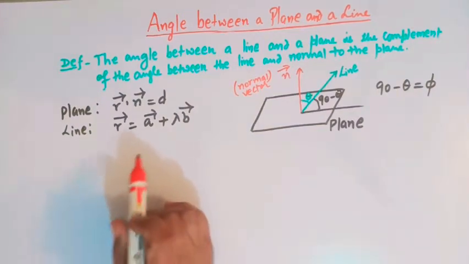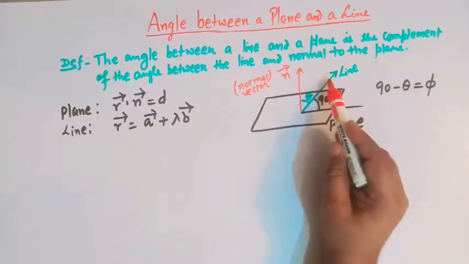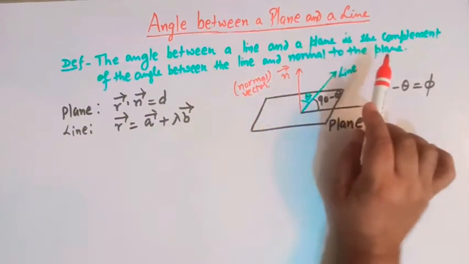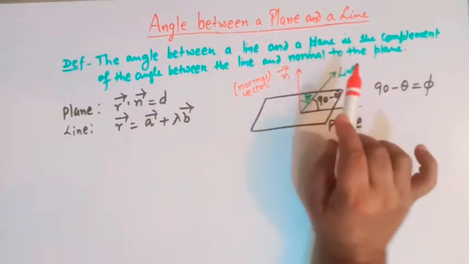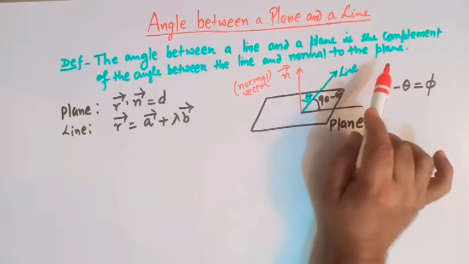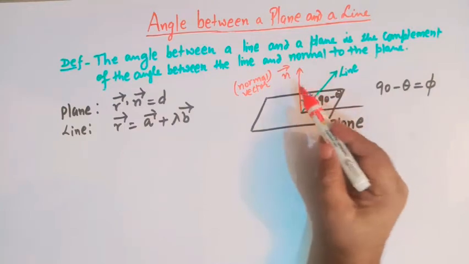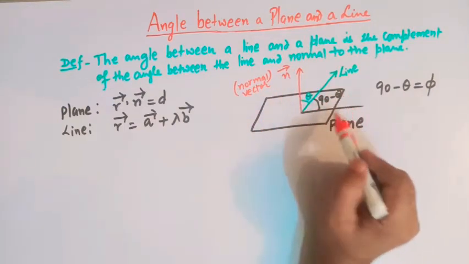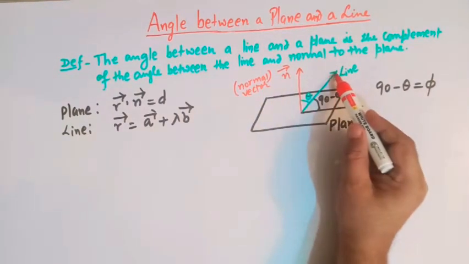Now here we have to find the angle between this plane and the line. The angle between a line and a plane is the complement of the angle between the line and the normal to the plane. Let us see what that means. This is the normal vector, the vector which is perpendicular to the plane, vector n, and this is the line.